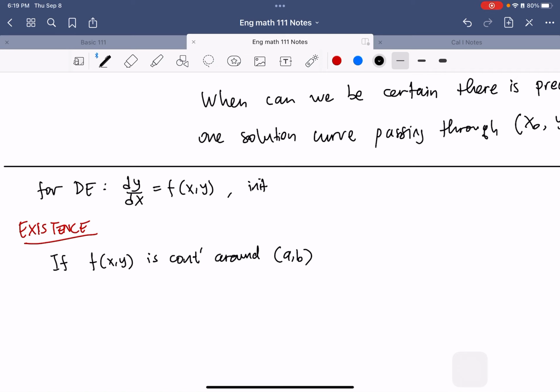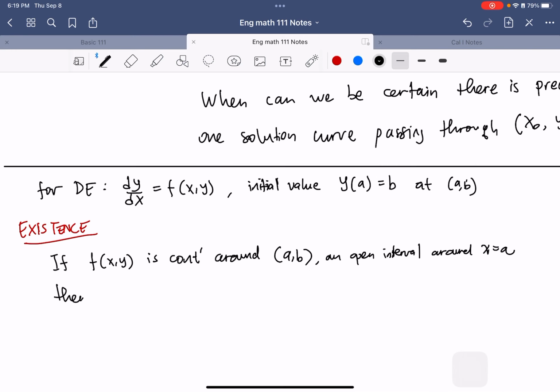And then the initial value y(a) = b, of course at (a, b). So that's our initial value. If the function is continuous around this (a, b), our initial value, in an open interval around x equal a, then let me just finish the existence and then we can finish this class.